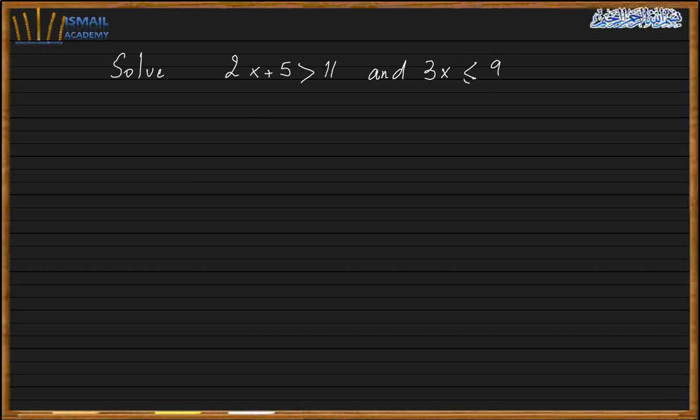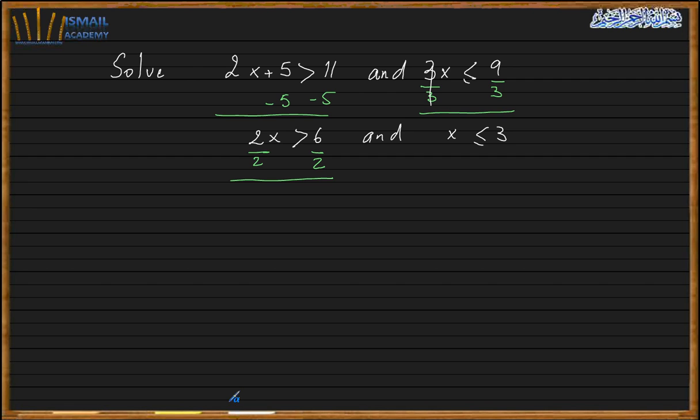So here it is straightforward, so minus 5 both sides. Here I divide both sides by 3. So the sign stays in the same direction, so 2x is greater than 6, and here x will be less than or equal to 3. So this will cancel out. Then I divide both sides by 2.